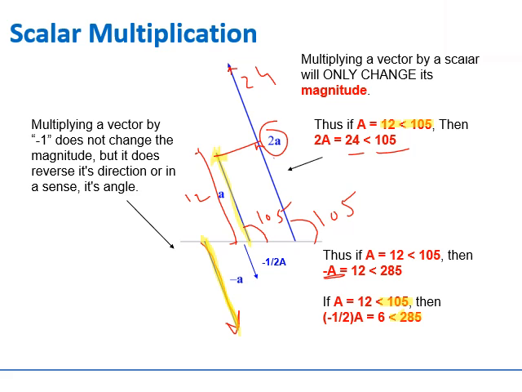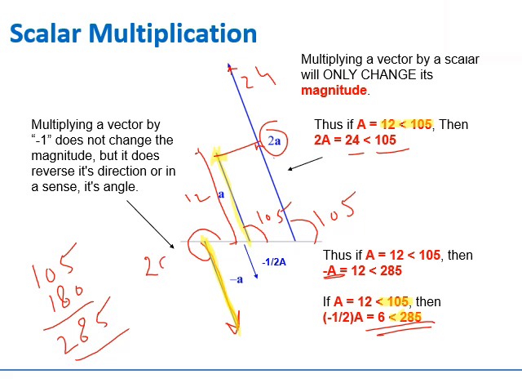How do you get that angle? 105 plus 180 will give you 285, which is the angle for negative A in this picture.